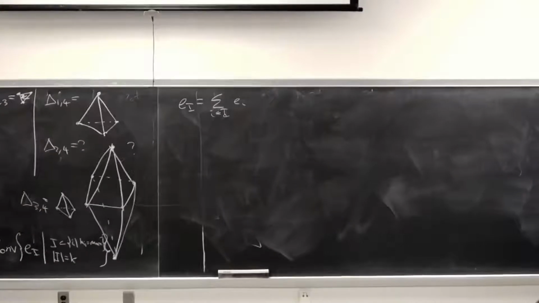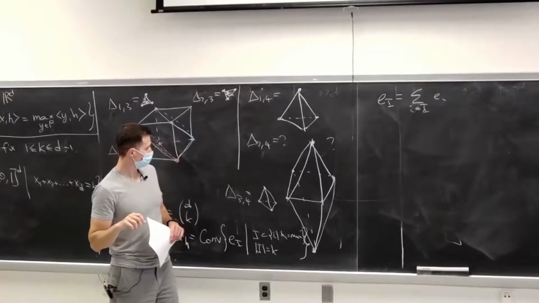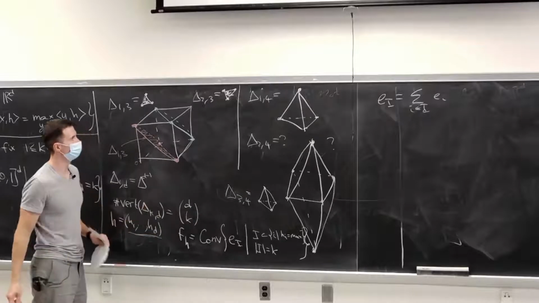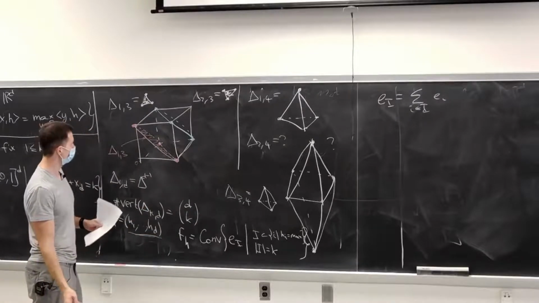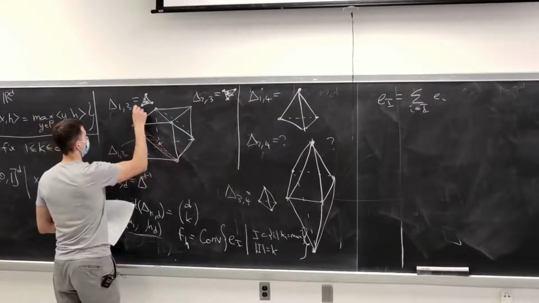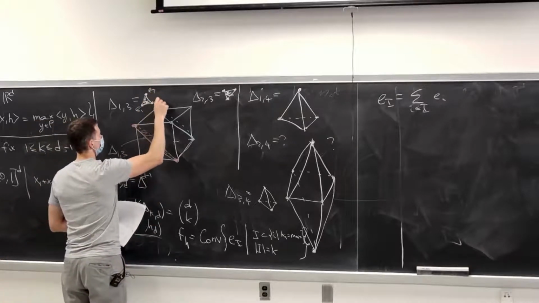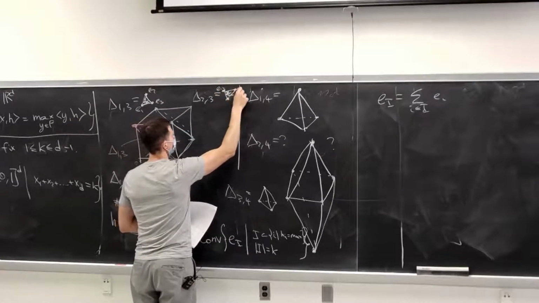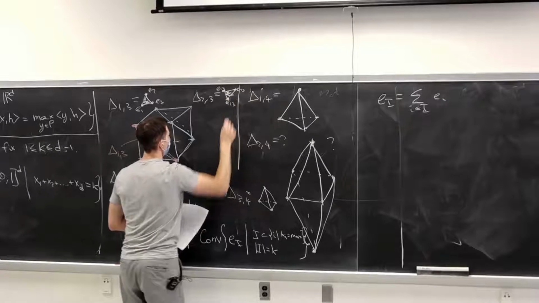All right, so I get d choose k vertices for each hypersimplex. And I can label them by k element sets. So this is E1, E2, E3, and this one is E12, E23, and E13.